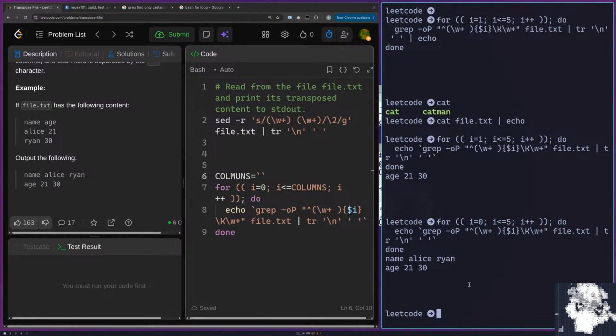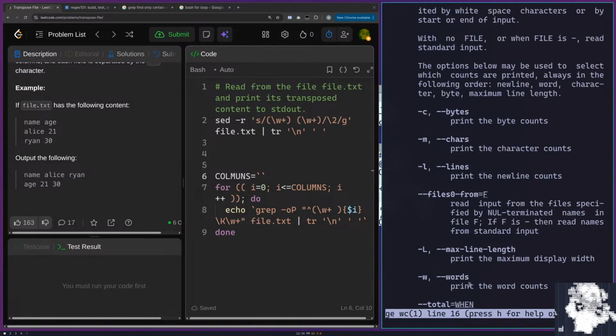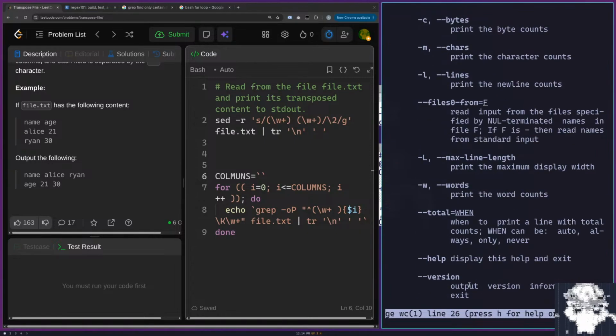So can word count give me the number of words?